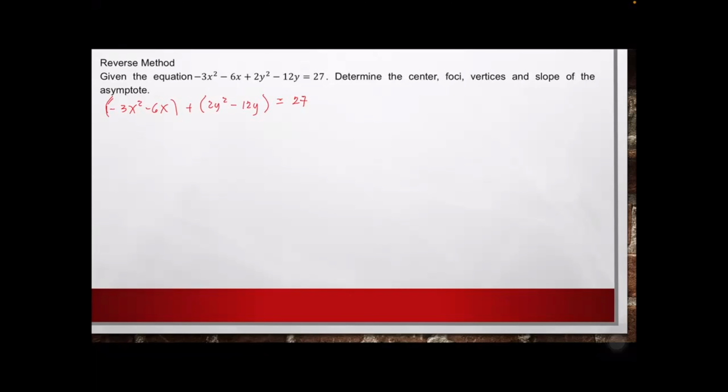So, factoring natin by CMF. Gawin tayo ng negative 3. So, this is negative 3, tapos x squared, then plus 2x. May x pa pala. Hindi natin pinag-factor yung x, ha.